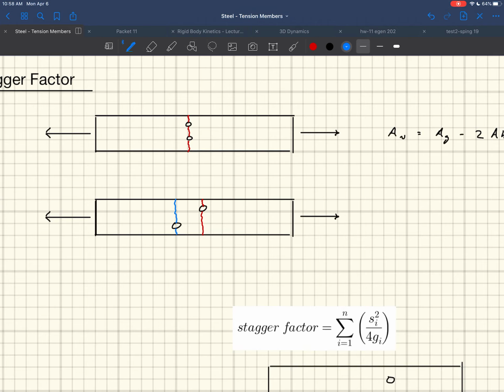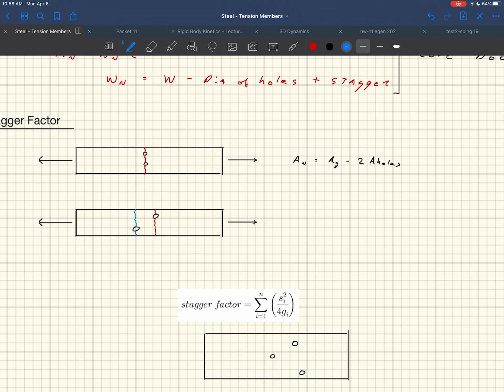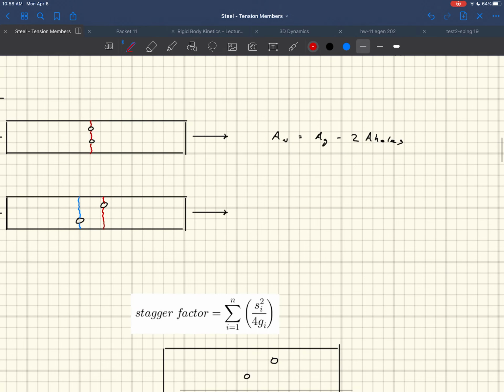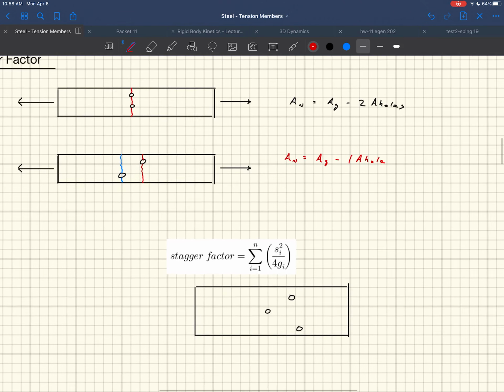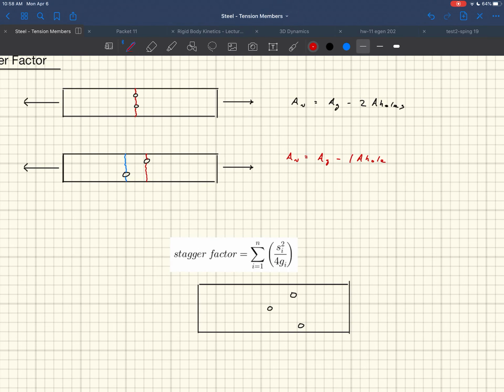If they're the same size hole, they're equal. You don't have to calculate 2 capacities there because if they're the same size hole, it'll be the same value. So in that case, if it was going to be one of those mechanisms, AN is equal to AG minus 1 A hole. That could be one mechanism that it failed from.